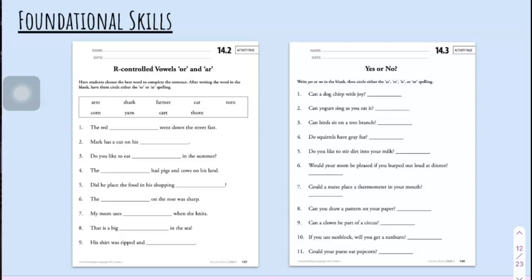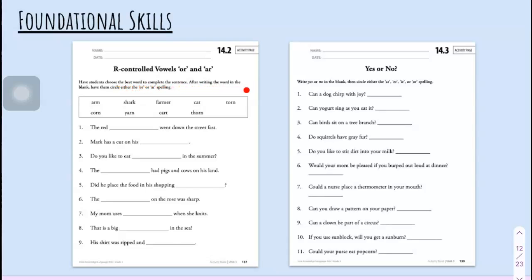You're going to now turn to your activity book. You're going to complete pages 14.2 and 14.3. The directions on 14.2 say, have students choose the best word to complete the sentence.